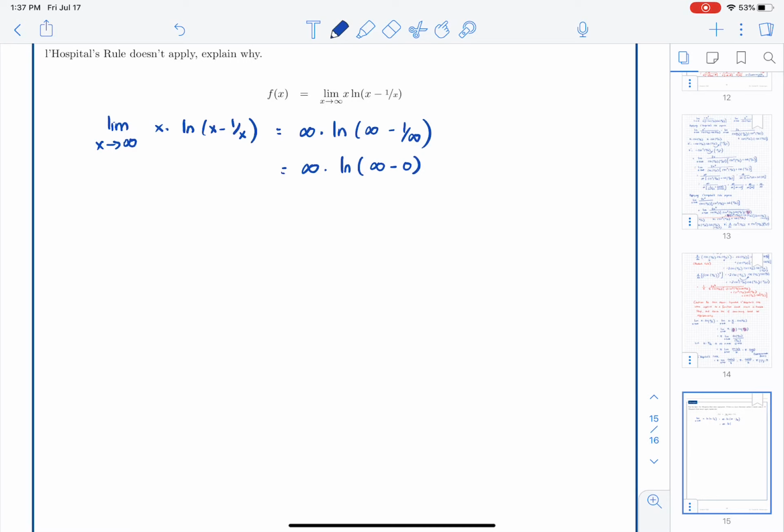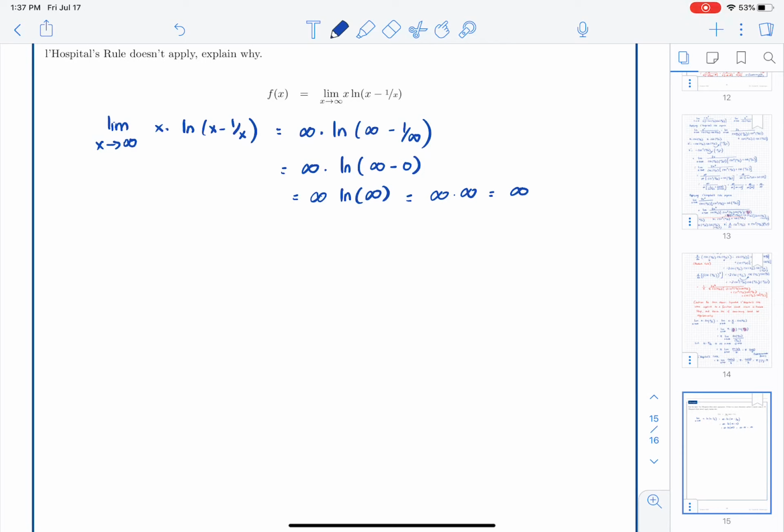Infinity minus 0 is infinity, and ln of infinity is infinity. So we have infinity times infinity, which is simply infinity. So infinity times infinity is not an indeterminate form.